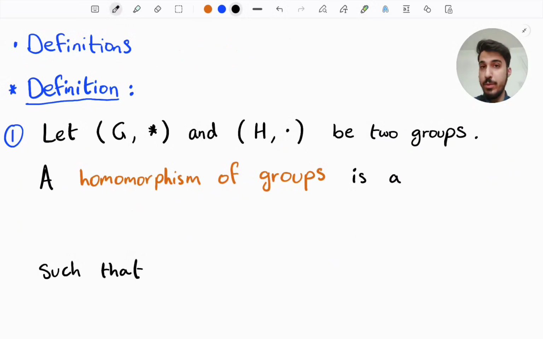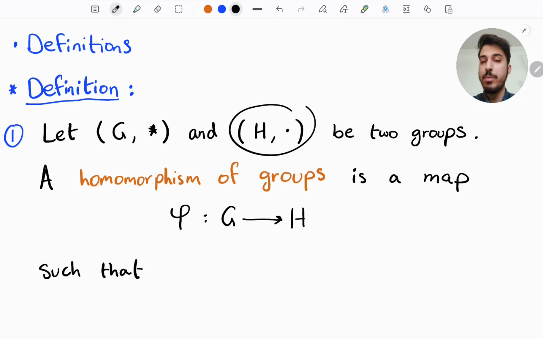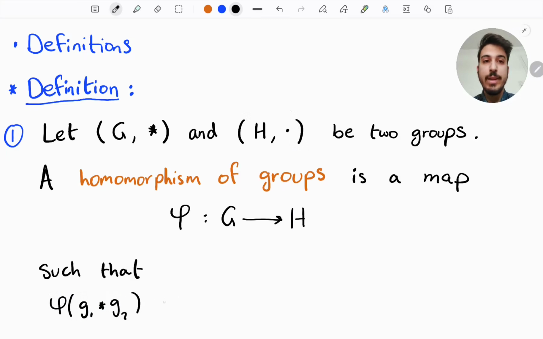A homomorphism of groups is a map phi. By the way, we could use any symbol. So it's a map phi that takes an element from G, which is a group with an operation star, to H, another group with the operation dot, such that it respects the single property that phi of g1 star g2 is equal to phi of g1 dot phi of g2.